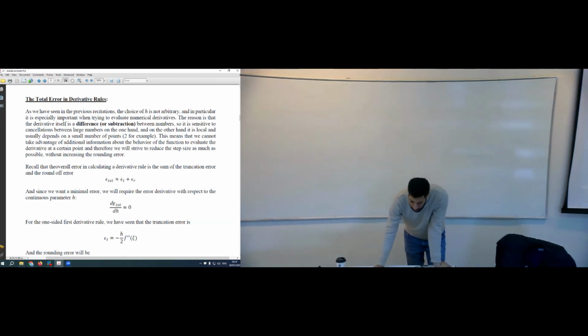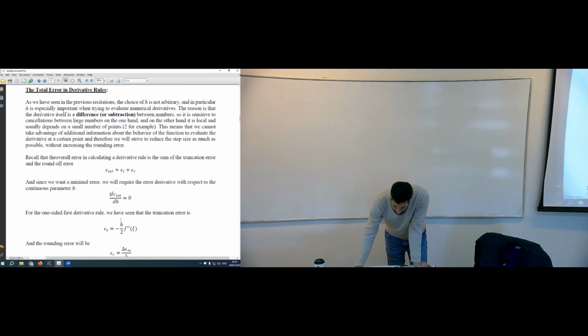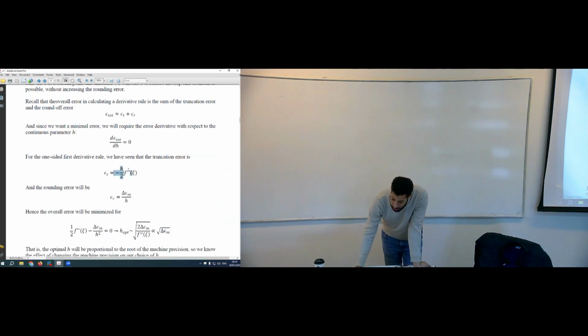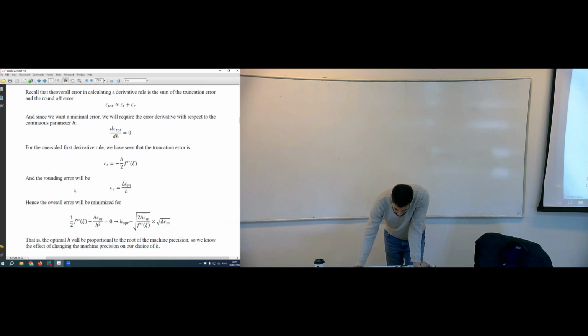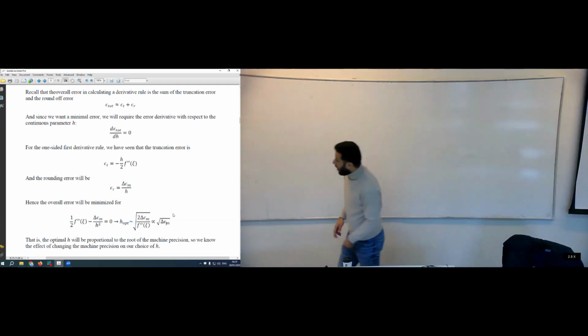And we search for an optimal h. Again, the truncation error is this. We have found that, and the round-off error is delta epsilon m divided by h. If we demand that the derivative of epsilon total is 0, we get h optimal like this.